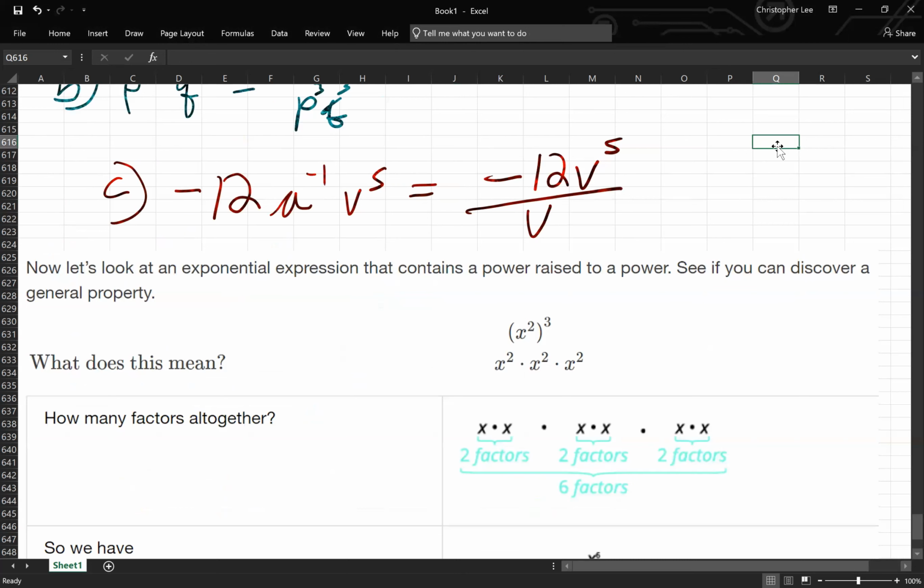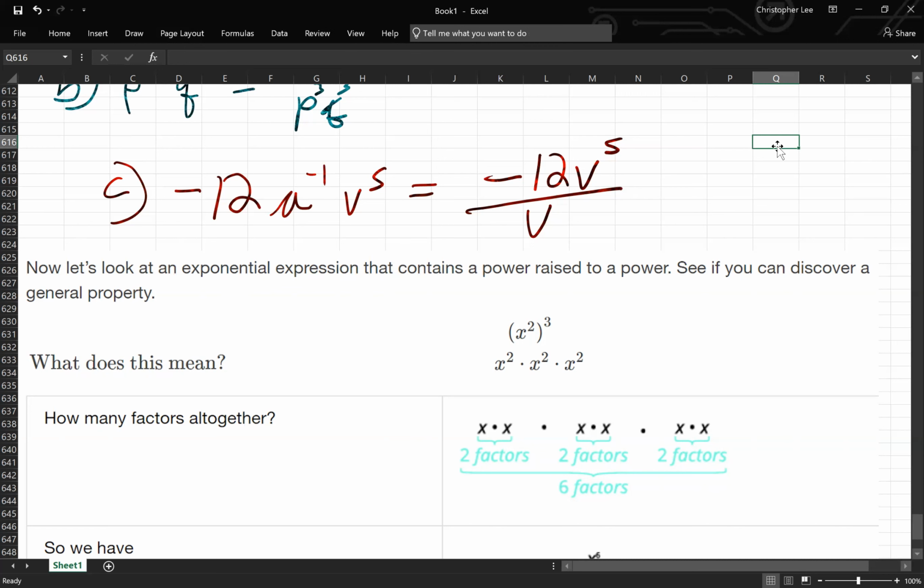All right, now let's look at an exponential expression that contains a power raised to a power. See if you can discover a general property. So I have x to the 2nd, which is then raised to the 3rd power. And we know that x to the 2nd raised to the 3rd power is going to be x to the 2nd times x to the 2nd times x to the 2nd.